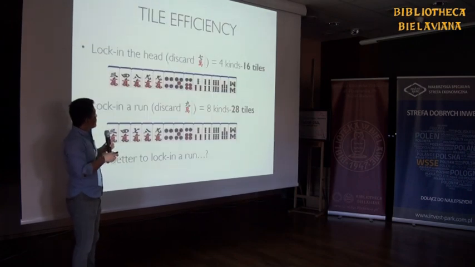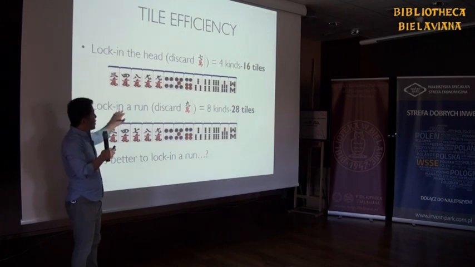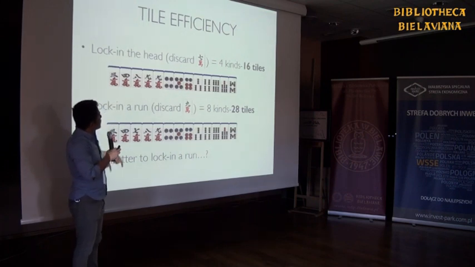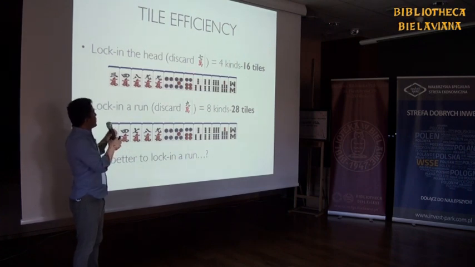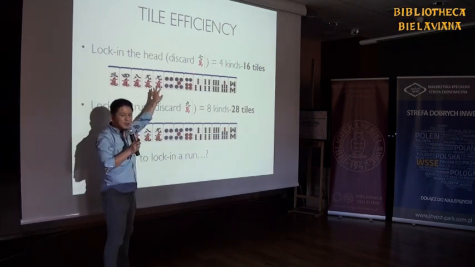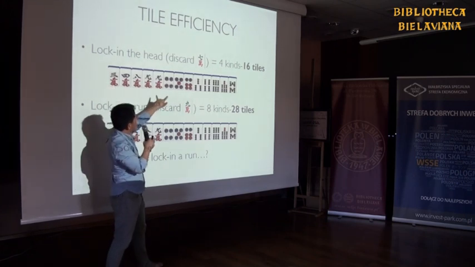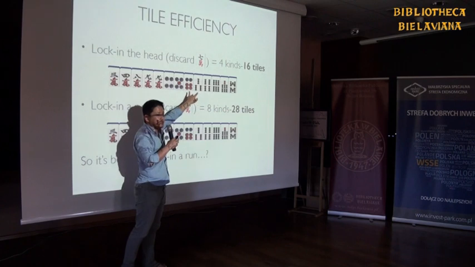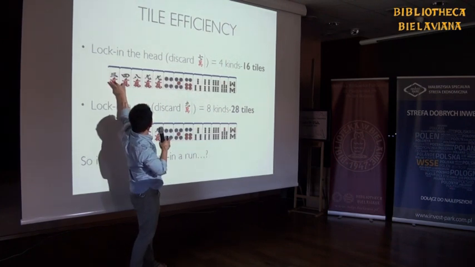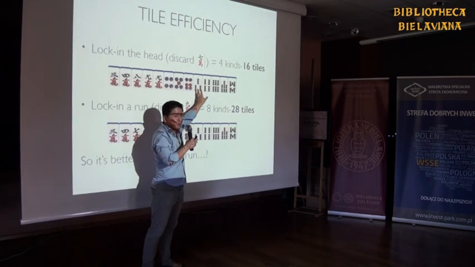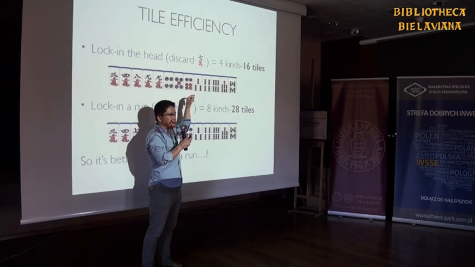If you discard 7, the hand becomes a ryanmen iishanten, side and side iishanten, right? 2 ryanmen protos, so 4 kinds, 2 kinds here, 2 kinds here, 16 tiles to make the hand tenpai.